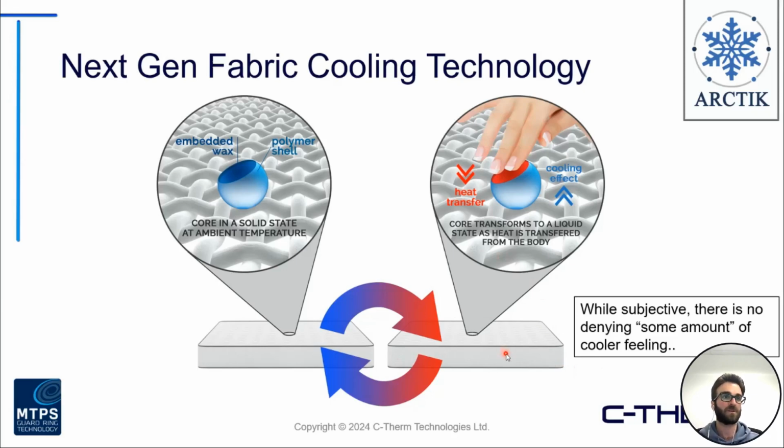What this company came to us with was the idea that if you could get someone in front of you to touch some samples, to actually feel and handle an untreated versus a treated material, you could really pick up on those differences. It's subjective, of course, but there was definitely no denying there was some amount of cooler feeling when touching those treated samples.